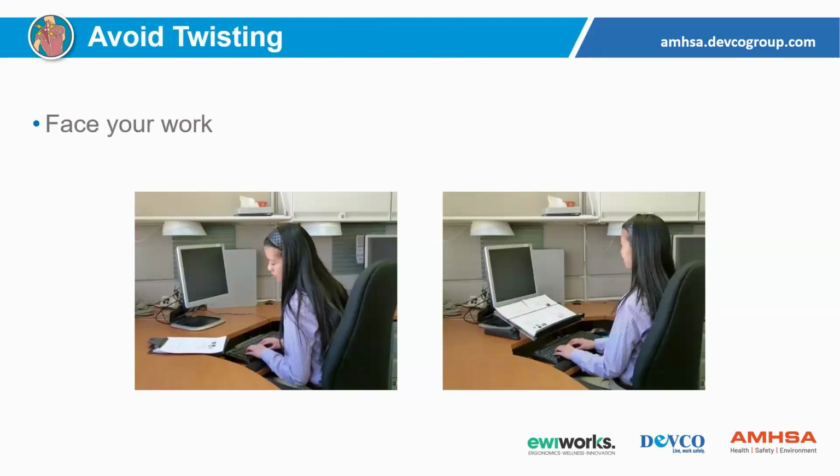Okay, so other things that we can do. We want to have our work squarely in front of us. So here's an example of someone working with a single monitor and some reference documents on the left. And the picture on the right, you can see that they've moved those reference documents directly in front of their monitor. Now, probably more common now for many of us to have 2 screens, right?